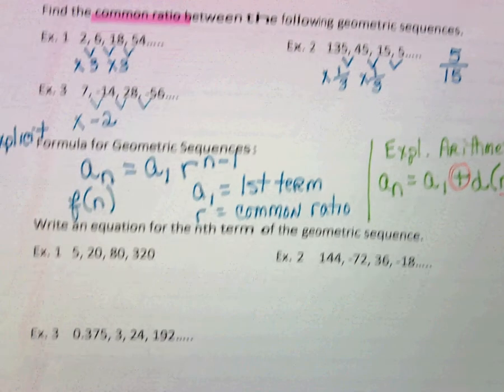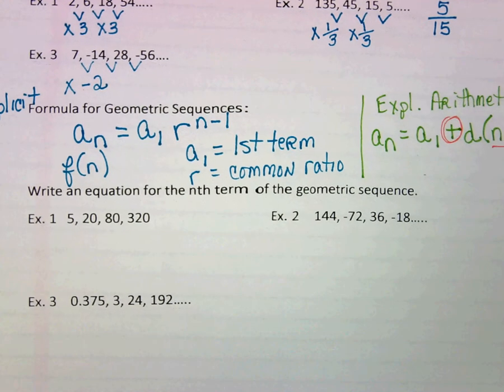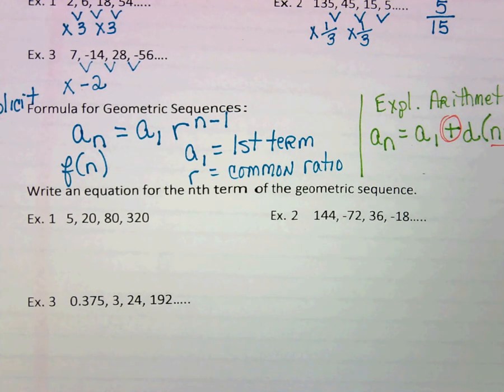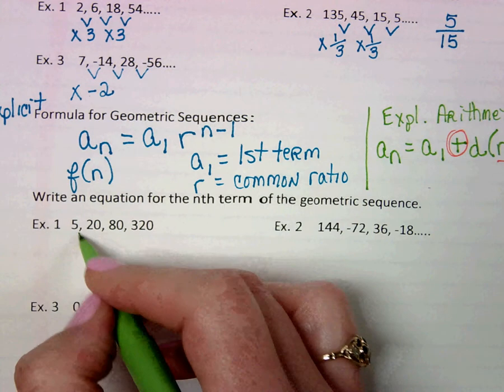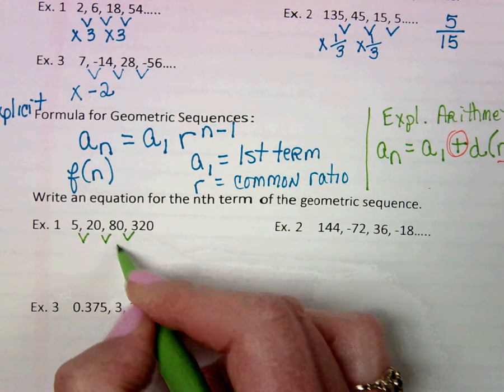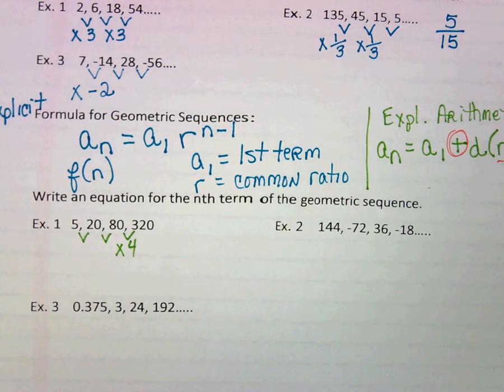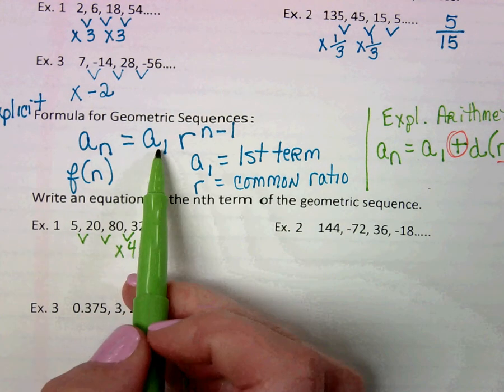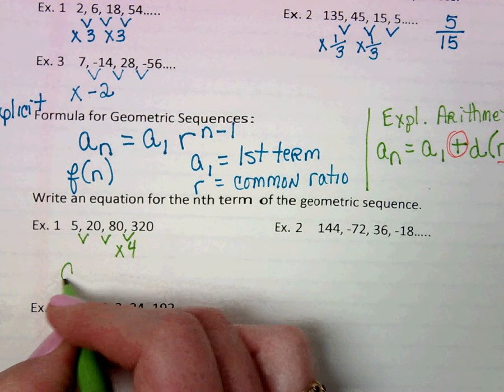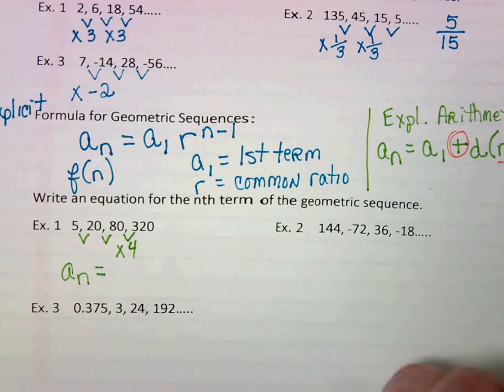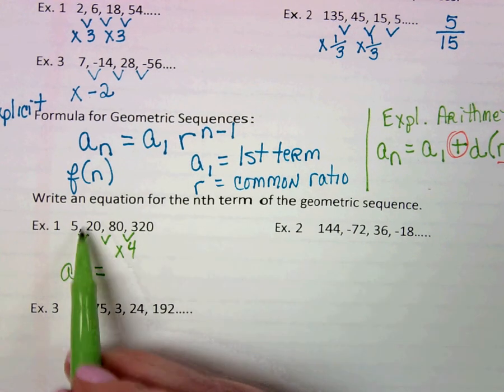Okay, so what I want us to look at here is I want us to write an equation to represent this sequence. And so what we need to do first is find the common difference. So hopefully you see the common difference here is times 4. And so using our formula from up above, the first term is 5.